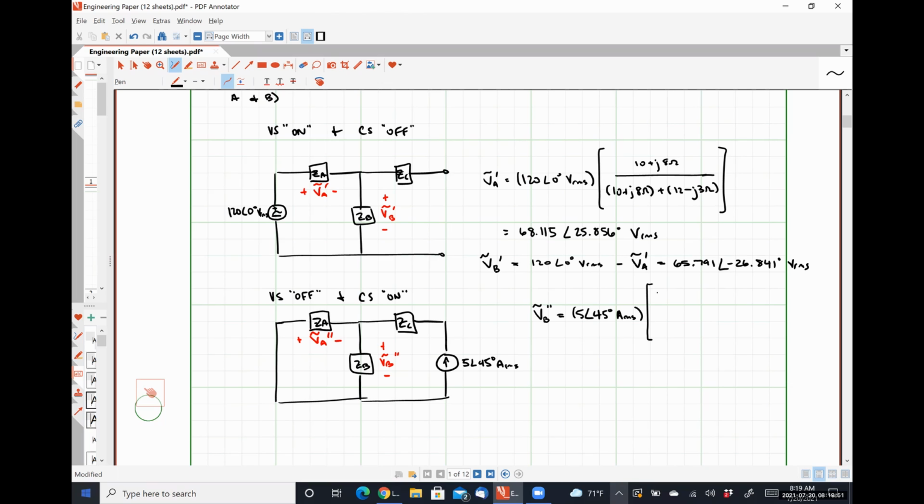So that would be 10 plus j8 times 12 minus j3 over 10 plus j8 plus 12 minus j3.